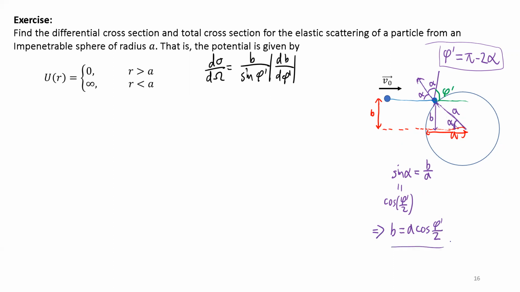So this is a key result. And then the next is just to take the derivative, right? So db d phi prime is given by minus a divided by 2 sine phi prime divided by 2.